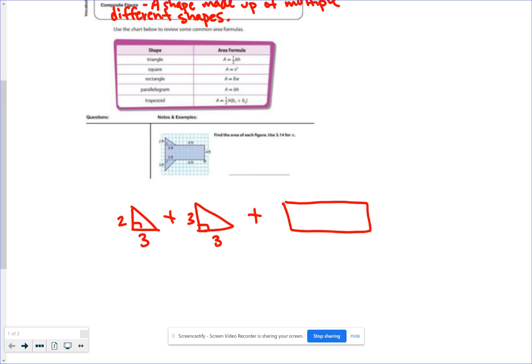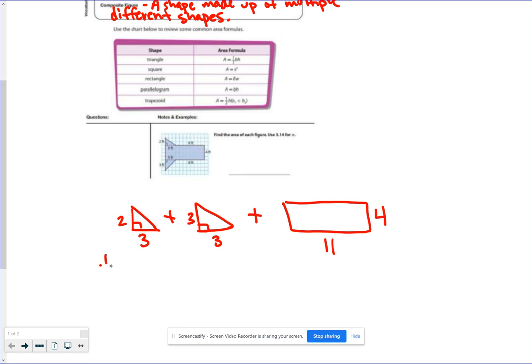It's very small, so let's count the squares. 1, 2, 3, 4, 5, 6, 7, 8, 9, 10, 11. Because 8 plus this 3 is 11. And then this one's 4. 1, 2, 3, 4.